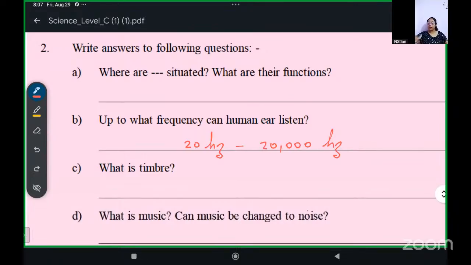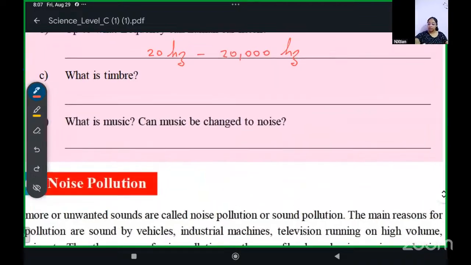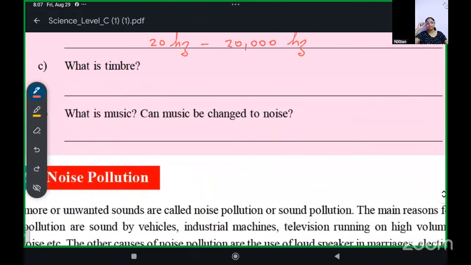What is music? Can music be changed to noise? Music is the pleasant sounds for us, and music can be changed to noise if it is found unpleasant by other people. Yes, Abraham.